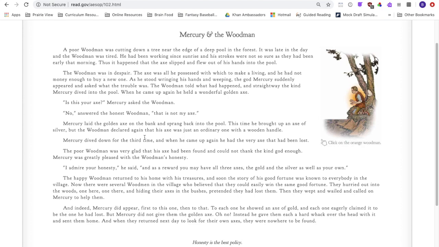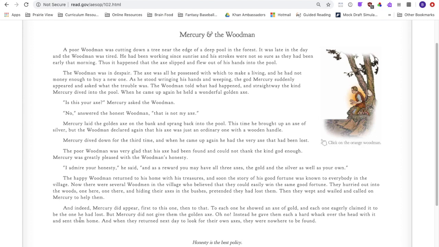Okay. Now, towards the end, we start to get a feel of, remember the theme is honesty is the best policy. We start to get the feel that he goes and tells other people, and then other people are saying, oh, yeah, all right, they're going to get those axes, right? So he appeared, first one, this one, showed the axe, and then they said it was his. And then instead of getting that gold axe for being dishonest, they each had a hard whack over the head with it and sent them home.